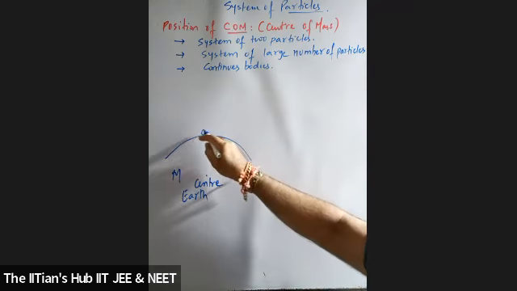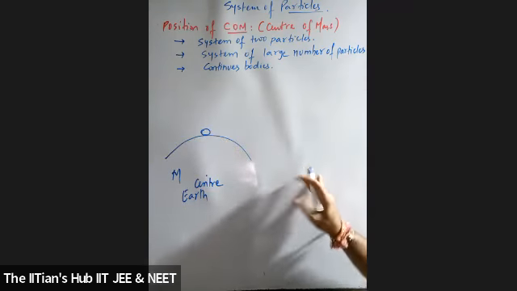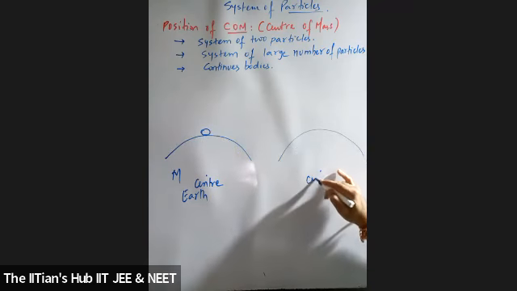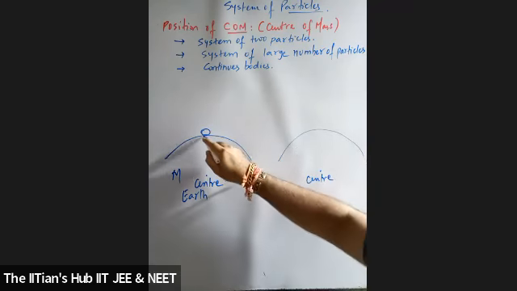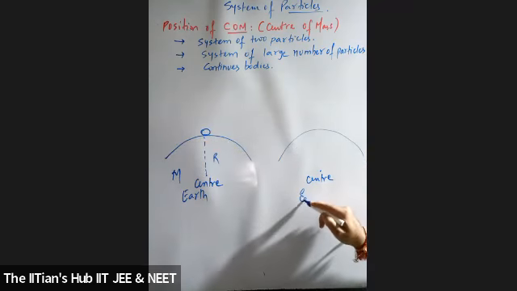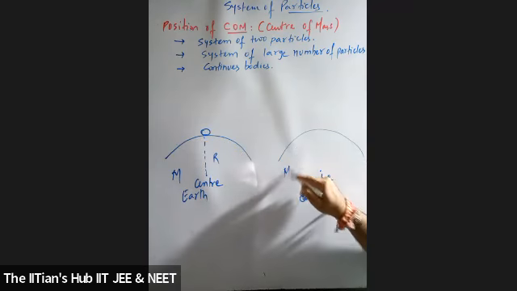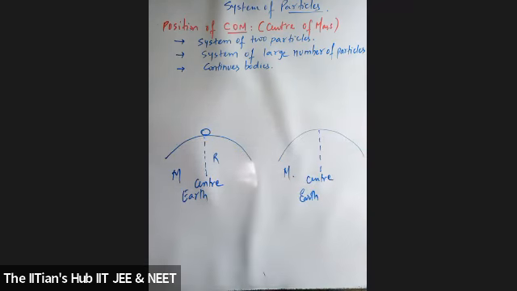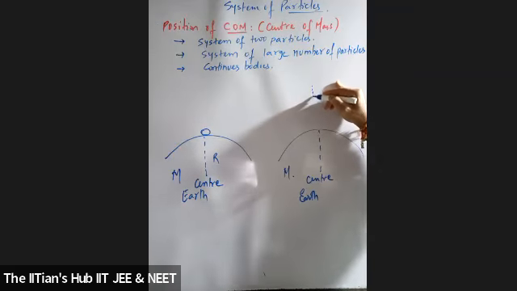And this is an object placed onto the earth's surface. One more example, huge earth. This is the center of the earth, and this is the radius of the earth. The mass of the earth is huge. But now onto this earth, students, I'm trying to construct a pillar.